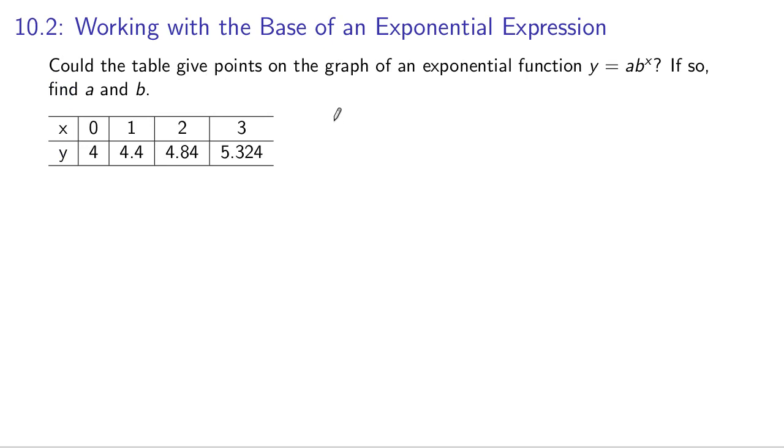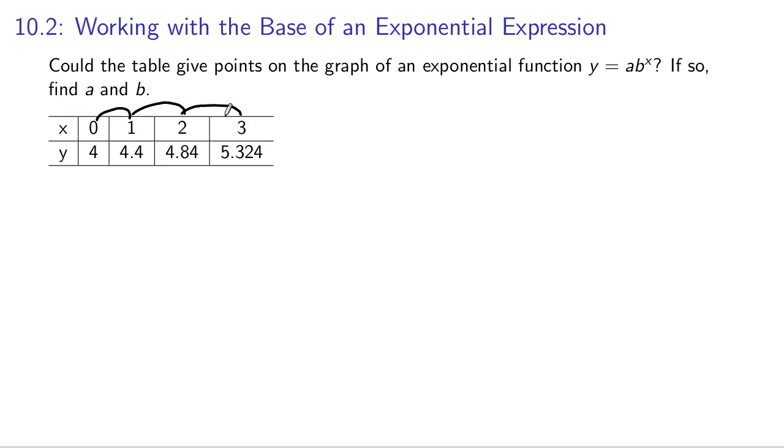Now let's look at a table of data and see if we can figure out if this is an exponential function. So the technique for finding out if data is representing an exponential function is to see if the data is growing by a constant rate. I'm sorry, that's linear. See if it's growing by a constant factor. So are we multiplying the output by the same amount each same step of the input? So here we fortunately have the input growing by 1 at each time.